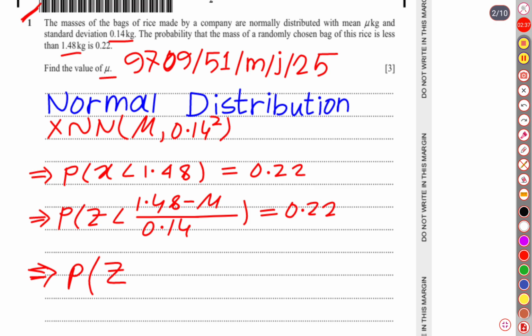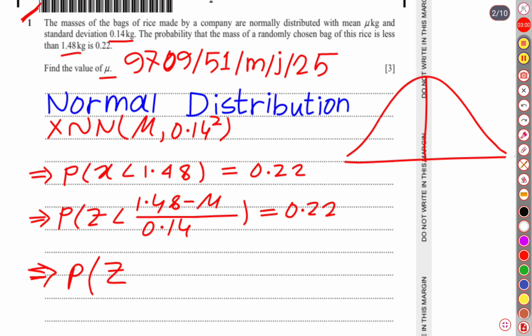Through a graph, if I draw a normal curve, it is always symmetrical. Then let us shade our probability. The probability is 0.22, and it is lying on the left side of the z-score. So it will be on the left side and a very tiny part.